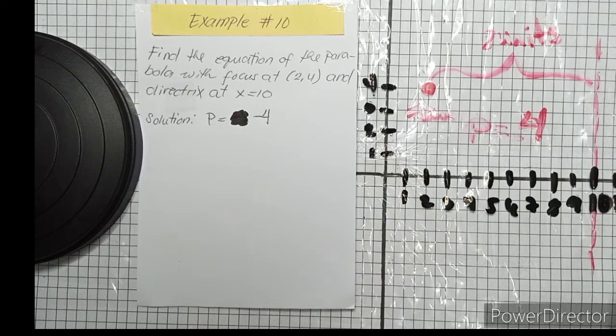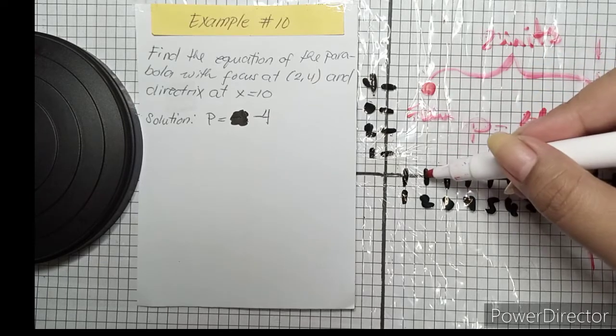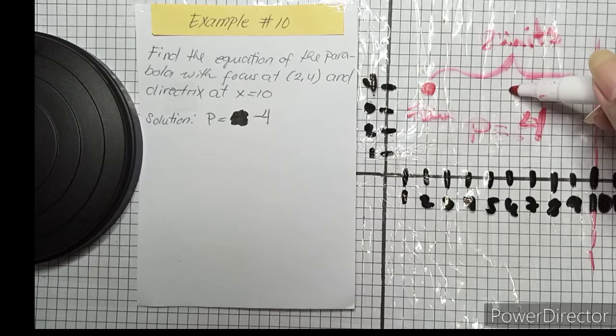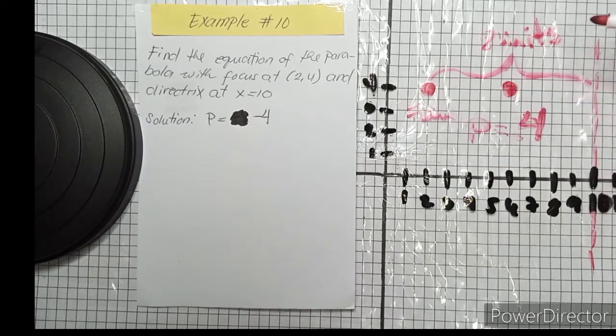Pag gagaling ka sa directrix, papakaliwa ka ng 4 na unit. From focus naman, papakanan ka ng 4 na unit. So, ako ang gagamitin ko is the focus. So, magka-count tayo ng 4. So, 1, 2, 3, 4. Okay. Andito po yung ating vertex na.